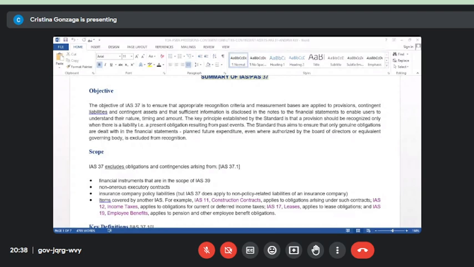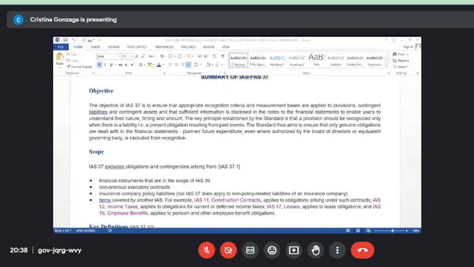Halos almost 100%, di ba? Pag sinabi nating probable, ang probability is above 50% and up to 95%.